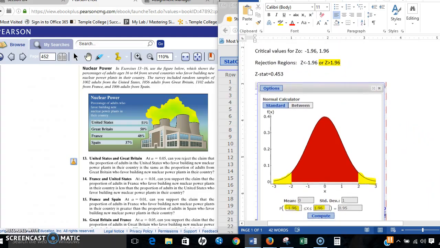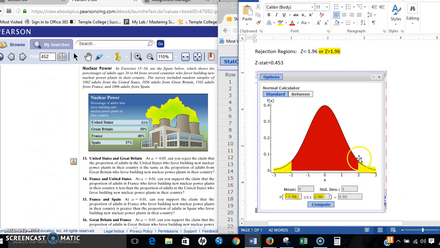Now, you could also come down to the distribution, the normal calculator. Our boundary, our critical value was at positive 1.96, but 0.453 is actually over here, and it's not in the rejection region. So we know that z is actually less than 1.96, but it's not negative either.